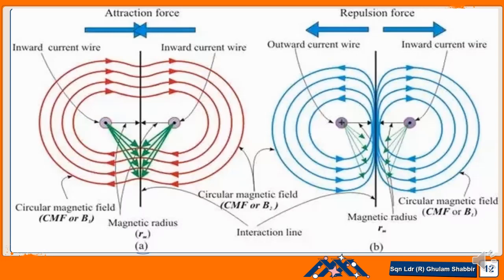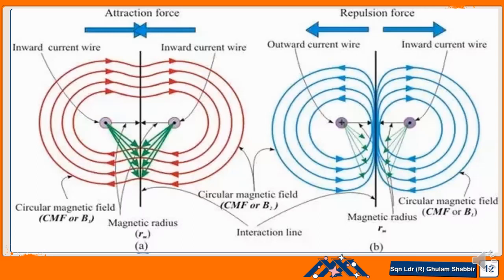In the case where the two wires have the same direction of current, suppose the current is going upward, the wires will experience a force of attraction, because between the two wires there will be opposing magnetic fields, and outside the wires there will be a strong magnetic field.